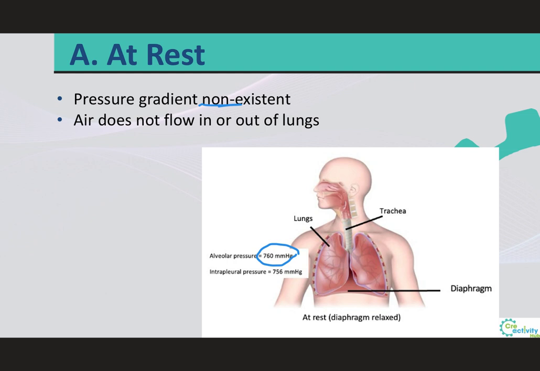It does not go into the lungs or out of the lungs. It stays stationary. I want you to also notice how the diaphragm, which is the muscle that separates the thoracic cavity from the abdominal cavity, is relaxed during the rest phase.